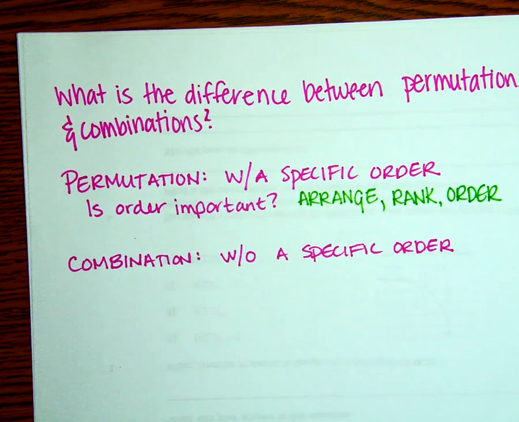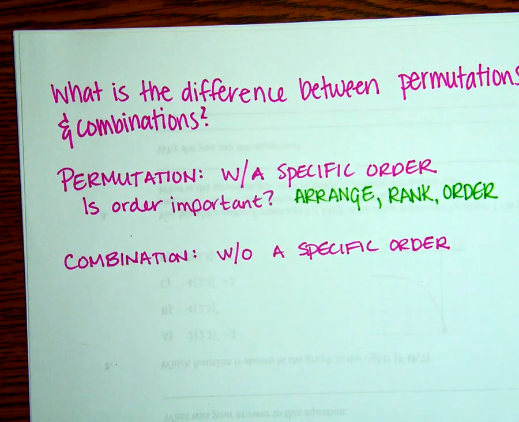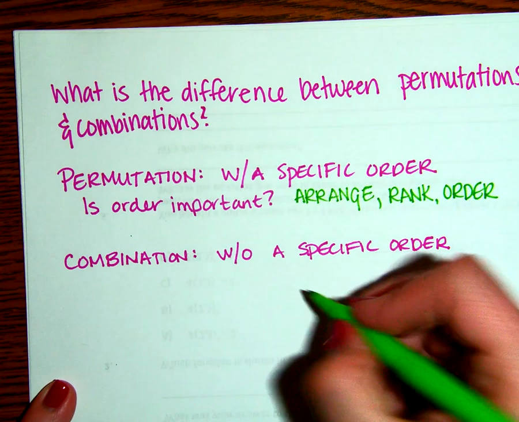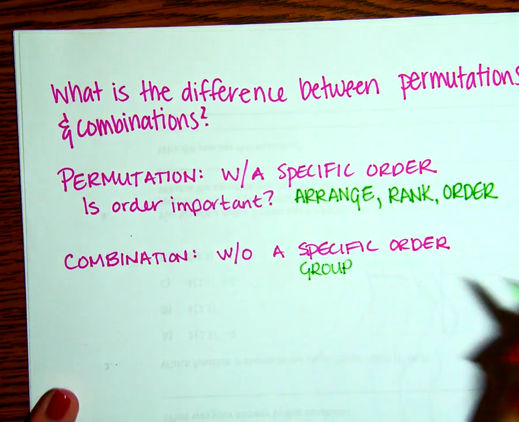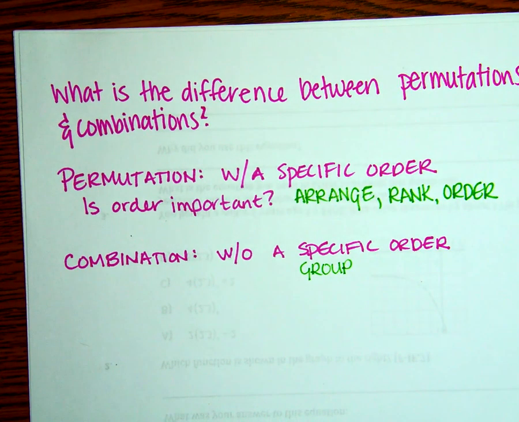Okay? These all indicate that we are looking for and making order a target. Okay? One of the words that we see with combination is group. When you are grouping objects together, order is not important. So with combination, we see group more often than not.